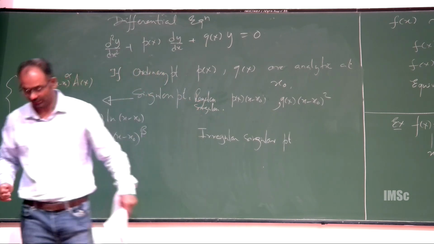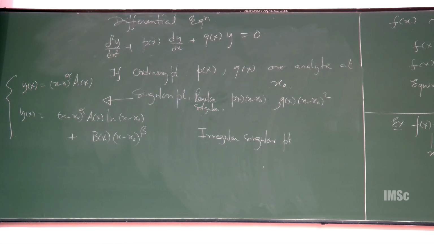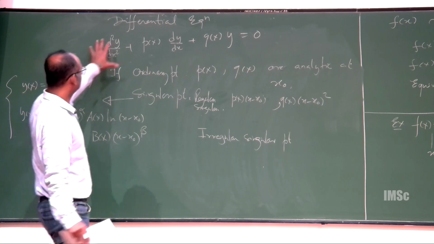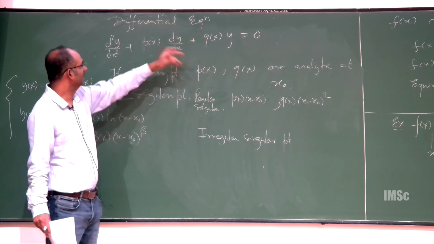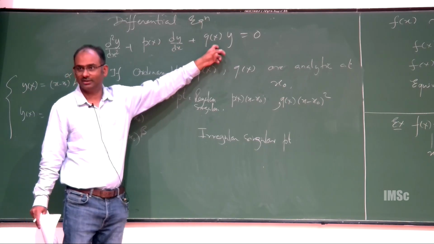Okay, let's move on to the irregular singular point. That's the differential equation. Choose a point x naught. Check whether these two functions, P(x) and Q(x), are analytic or not.